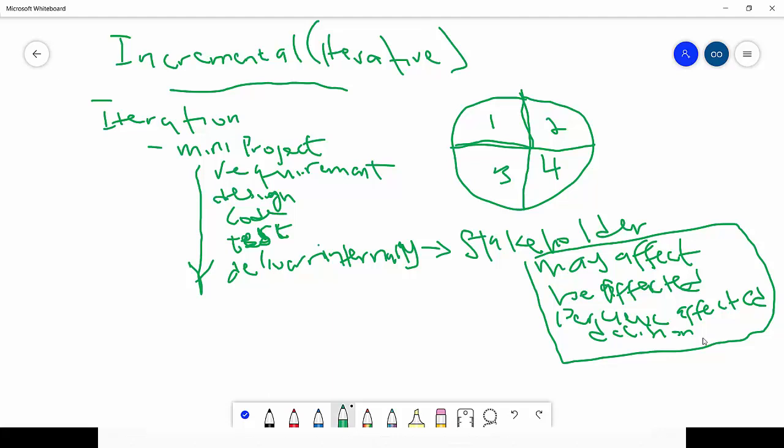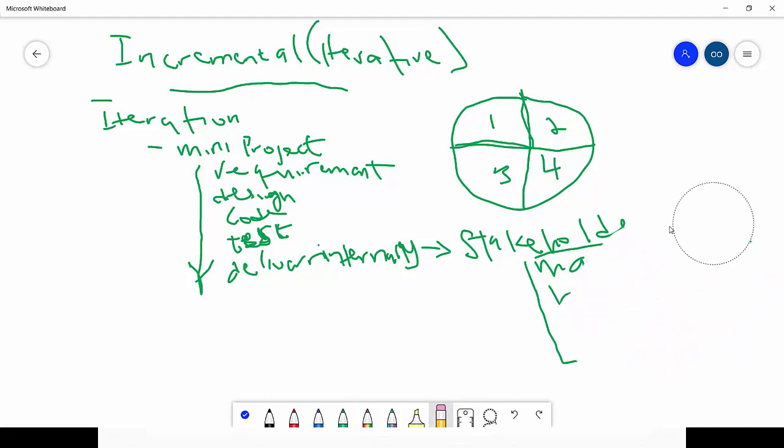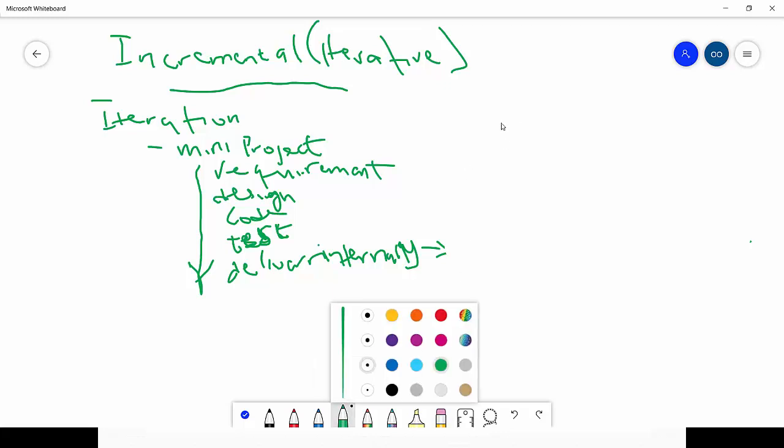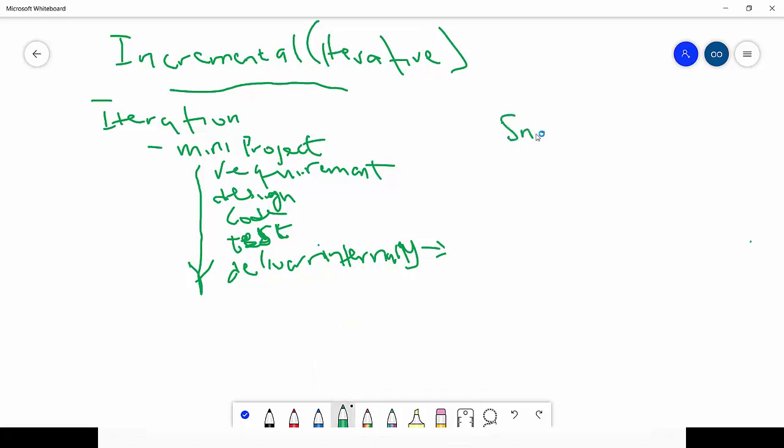But for your iterative, incremental process, what you do is you take the known requirements, the ones you know early in the process. So you work with what you know. We call that taking a snapshot of the requirements. It's like you take a picture in time of your requirements.